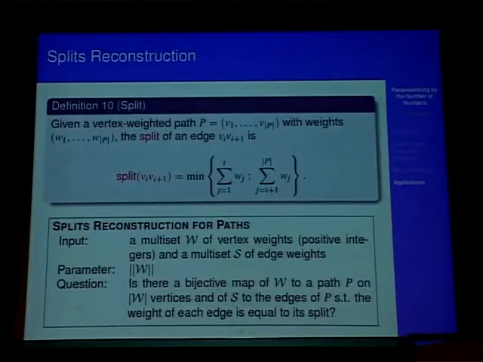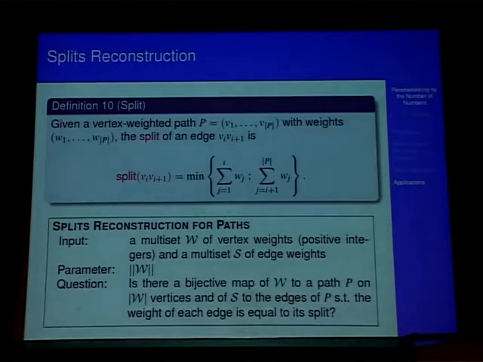The other problem I'll talk about is splits reconstruction for paths. A split of a path is the following. You have a path v_1 to v_p, and the weights are w_1 to w_p. The split of the edge between vertex i and i plus 1 is the following.